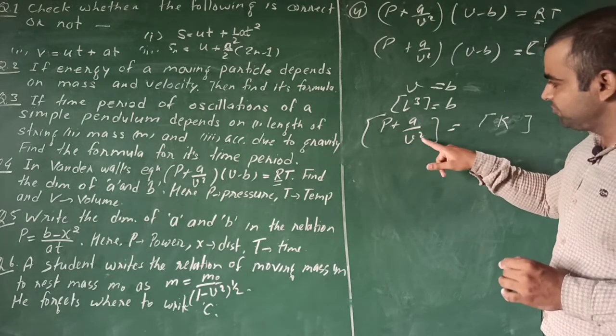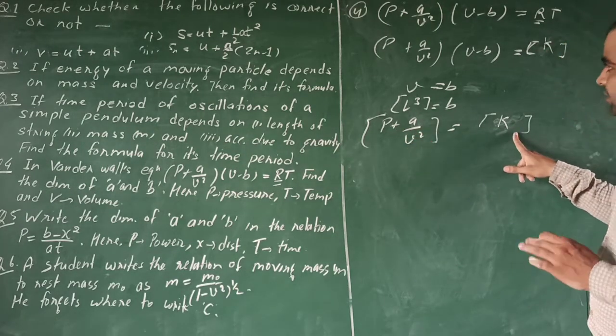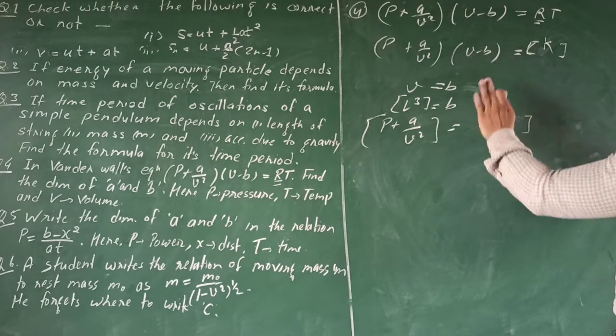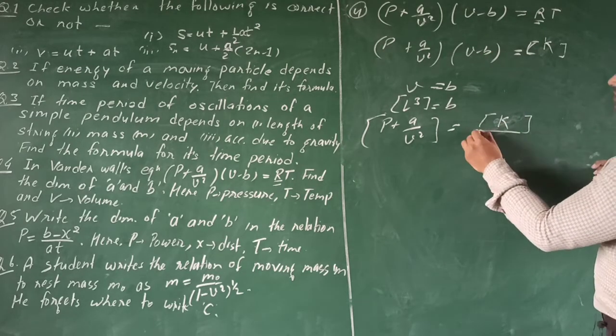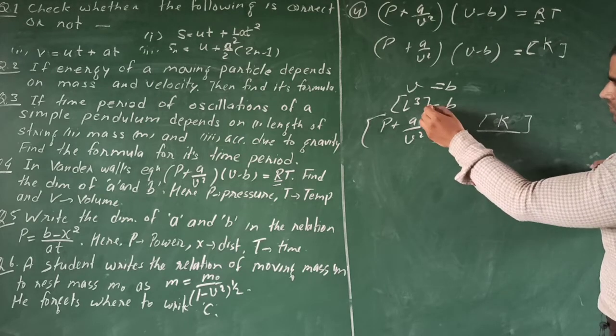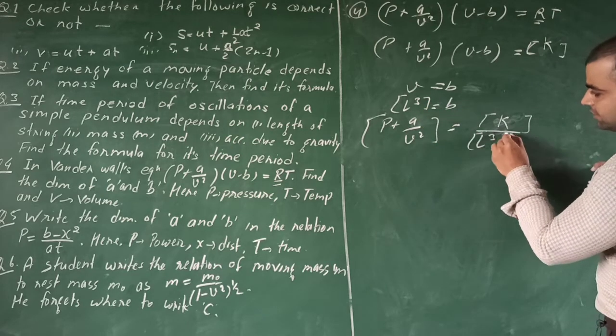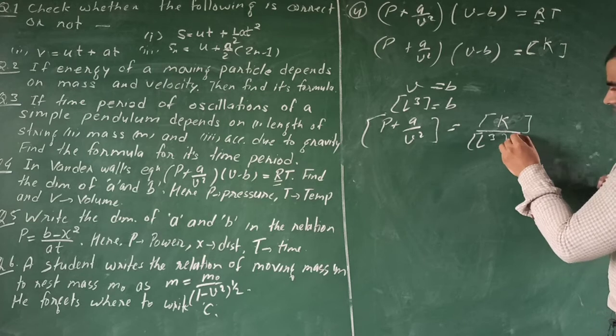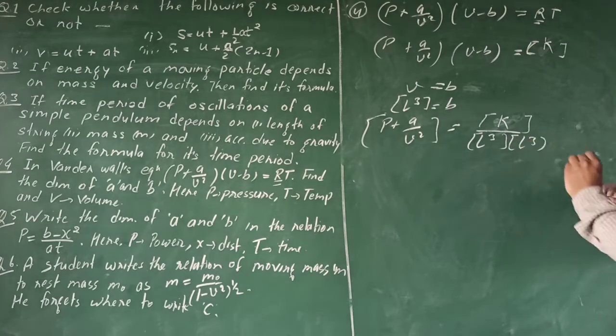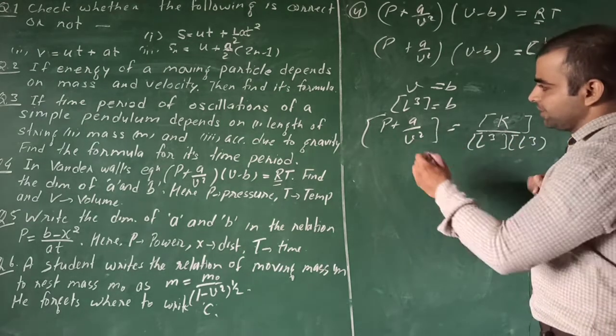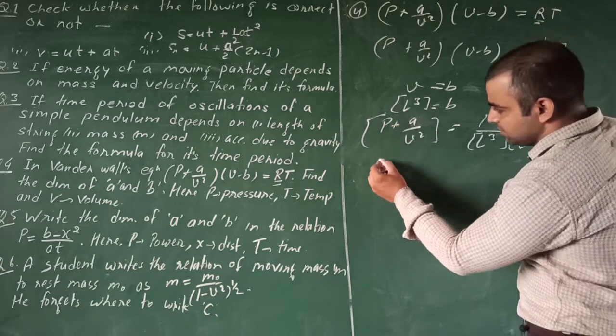So P plus A by V square equals K, and here V minus B. What is V? This is L3, and both have the same dimension. Now let us find the dimensions here.